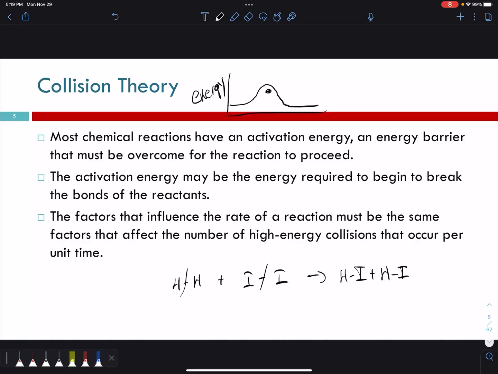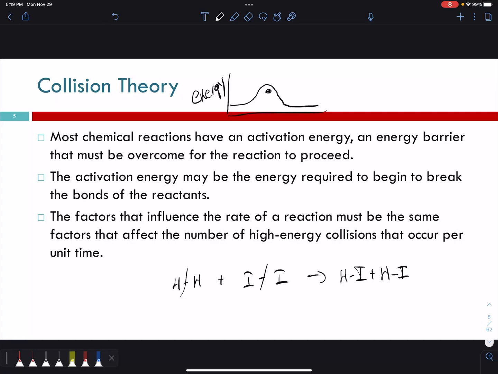So we can use this as a starting point for the factors we need to understand to know what makes reaction rates what they are. The factors that influence the rate of reaction must be the same factors that affect the number of high-energy collisions that occur per unit time.